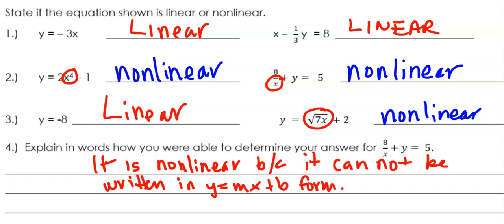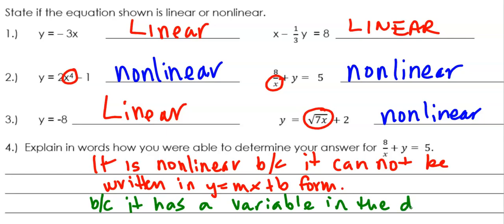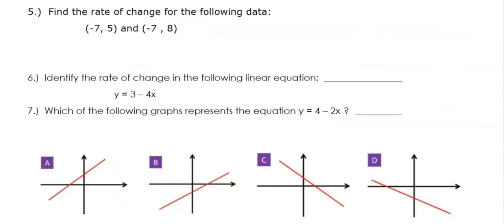And the reason for that, if you want to add some more detail, is because it has a variable in the denominator. This green sentence is optional. You can just say the red sentence. All right, let's take a look at the next section.